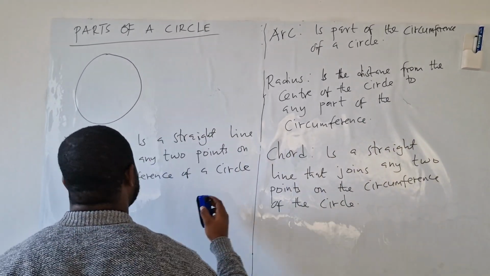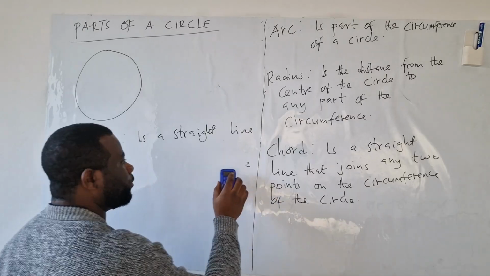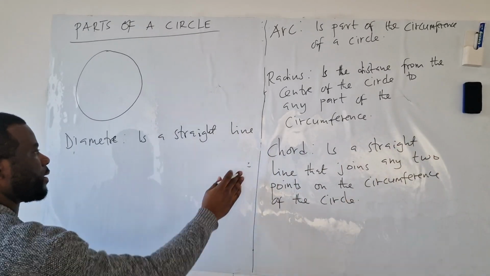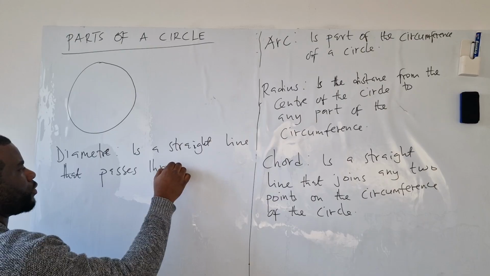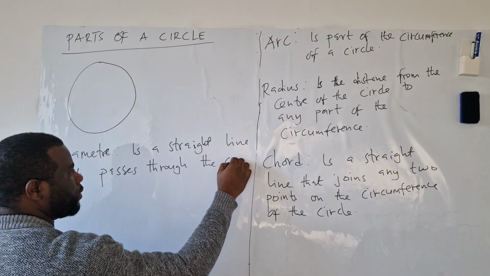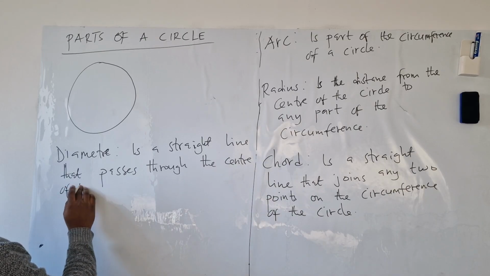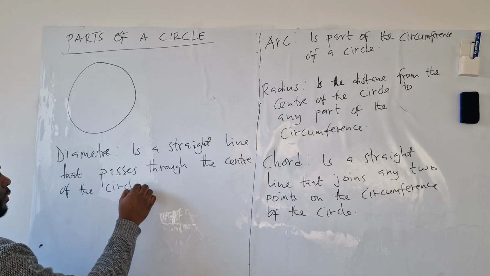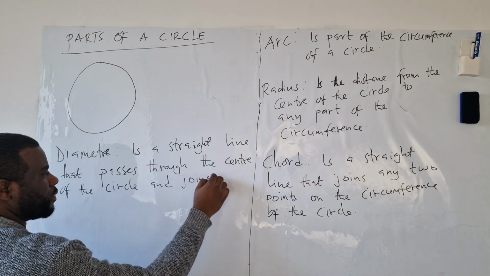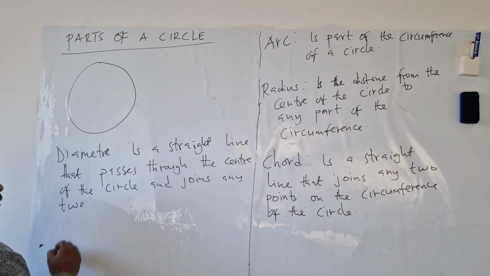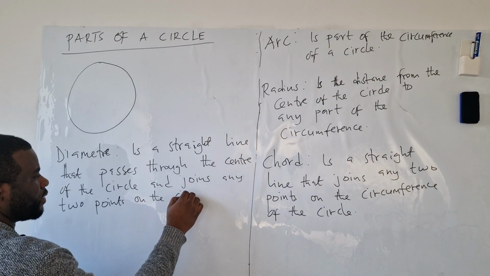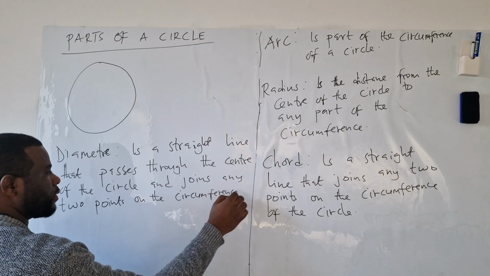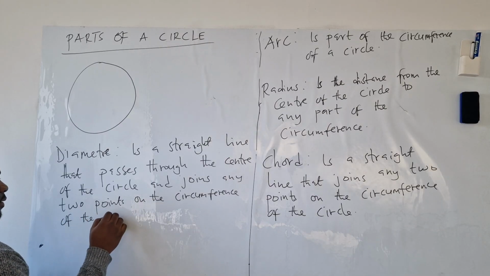Let me put it this way. It's a straight line that passes through the center of the circle and joins any 2 points on the circumference of the circle.